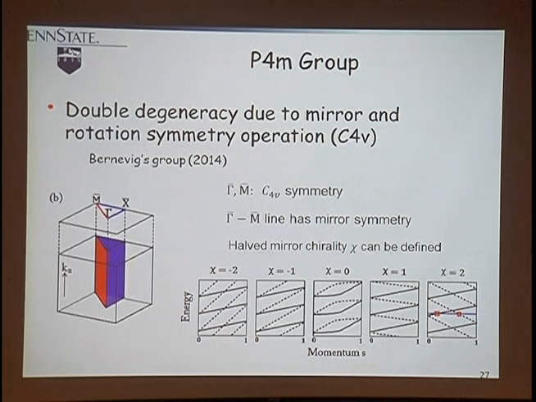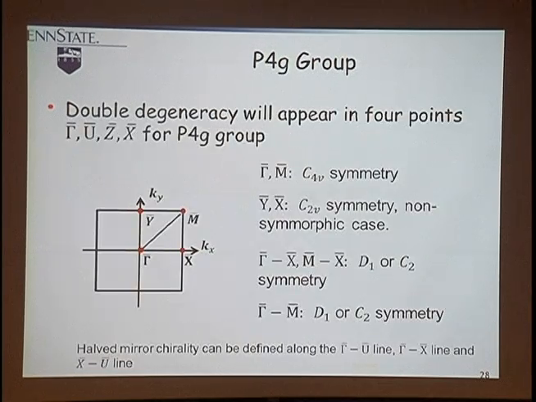Because of time, I don't have time to go into detail about this. For this P4D group, it's actually a combination of the non-symmorphic symmetry group and the rotation and mirror symmetry operations, and you can get more non-trivial surface states here.